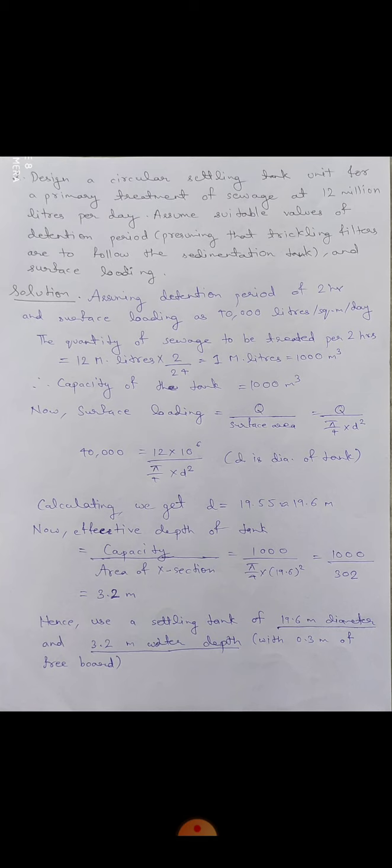From here we get the effective depth of the tank, that is 3.2 meter. So we get the settling tank dimensions: 19.6 meter diameter and 3.2 meter water depth with a free board of 0.3 meter. So simply, you can design the circular tank also by these different parameters.